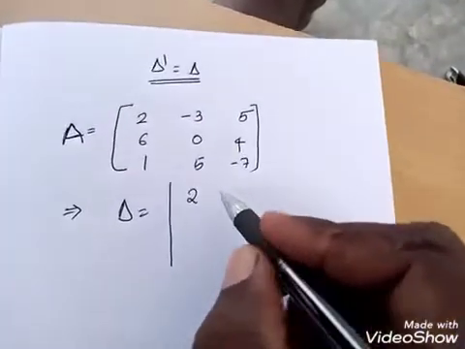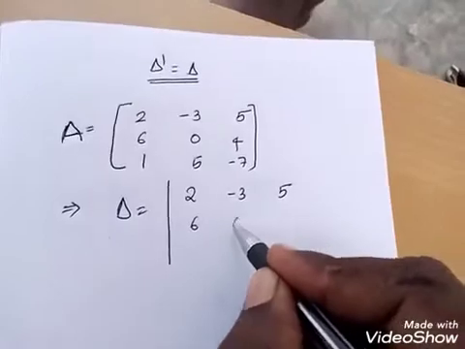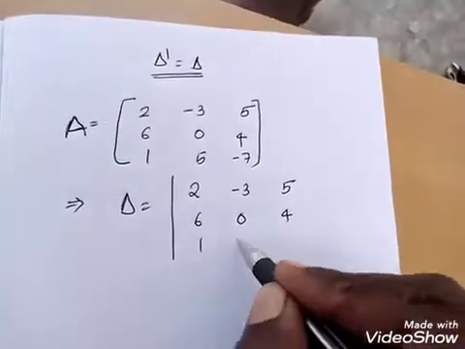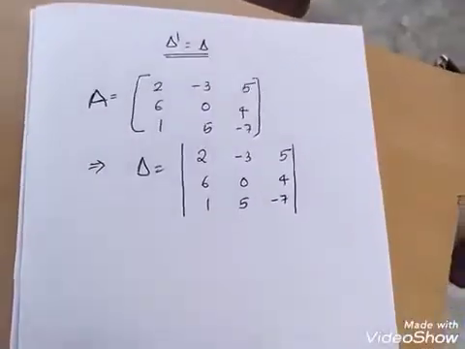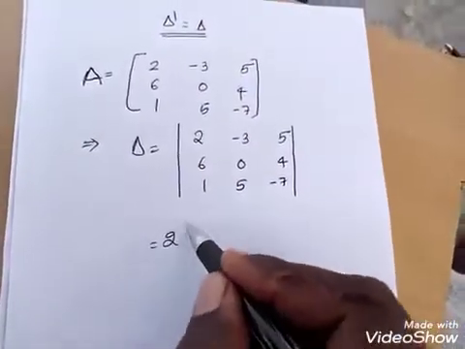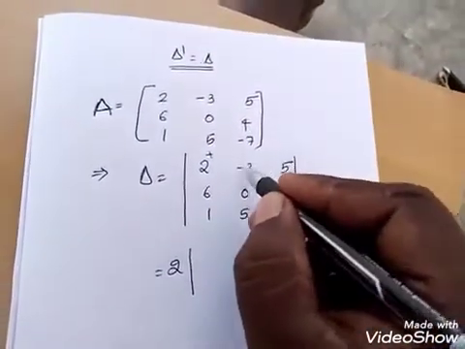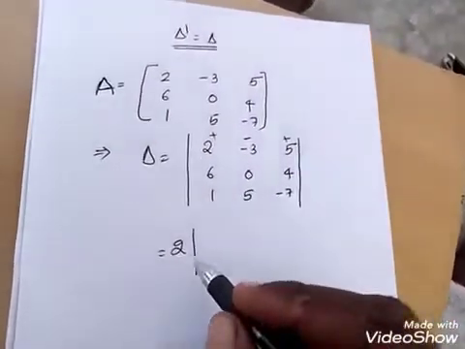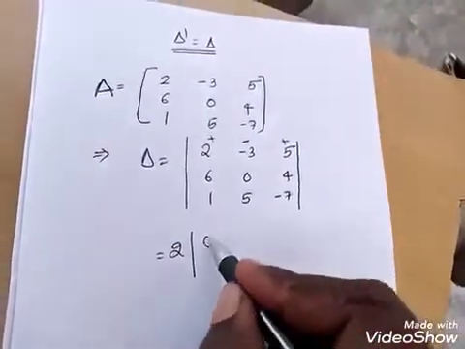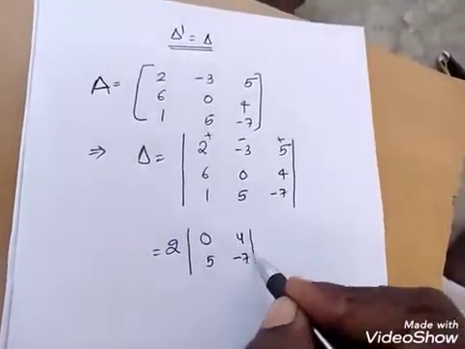Delta of 2 minus 3 5, 6 0 4, 1 5 minus 7. Now expand this one: 2 into, remove that row and column, the signs are plus, minus and plus. Now plus 2 into, remove this row and column, 0 4, 5 minus 7.